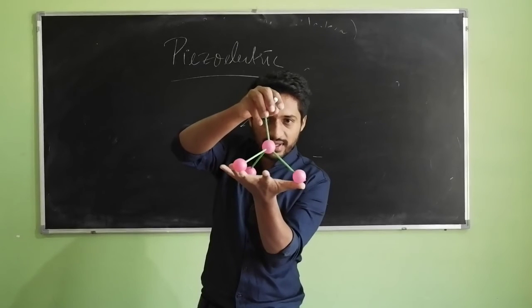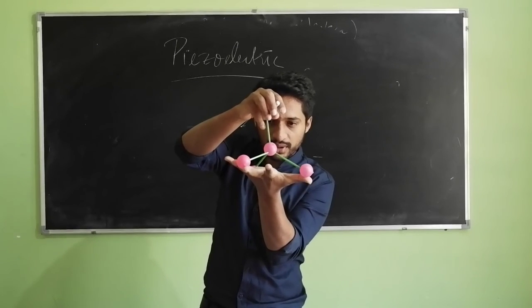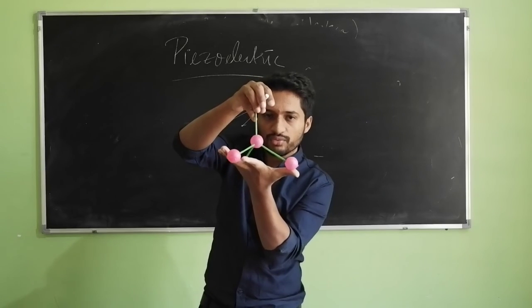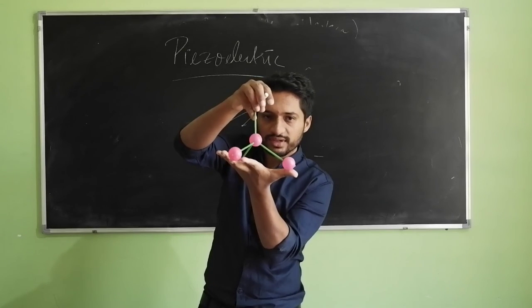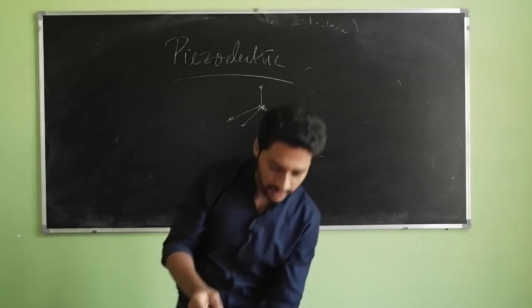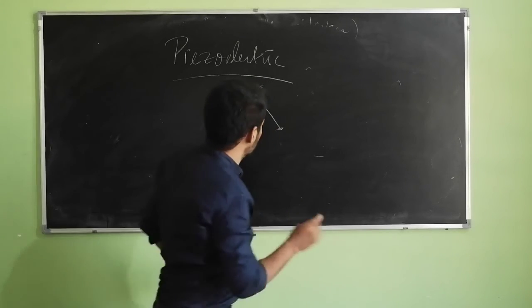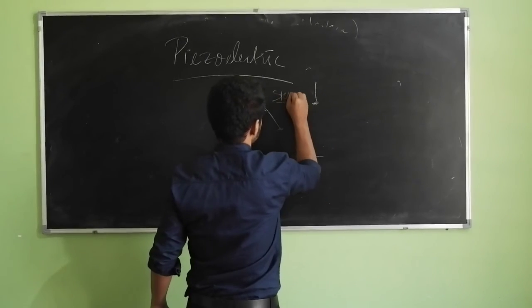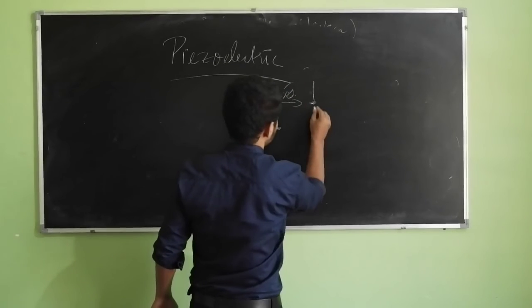So when I give it stress, see what happens. Now these oxygen atoms try to move upwards when pressure is given. Now the net dipole, I'll show you what happens. After stress, this is what happens.